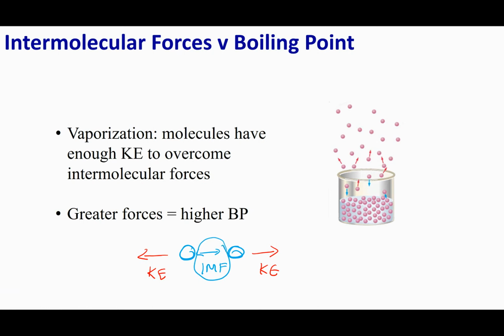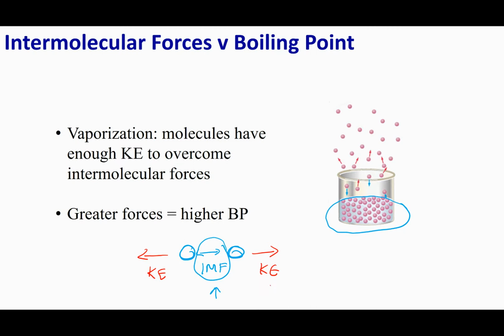These two forces are battling each other. Now, if my intermolecular forces are very, very strong, that means the molecules are going to try to stick together, and they are going to be sticky and attract each other, and they are going to want to touch and interact with each other. And so that is going to lead to states like liquids and solids.